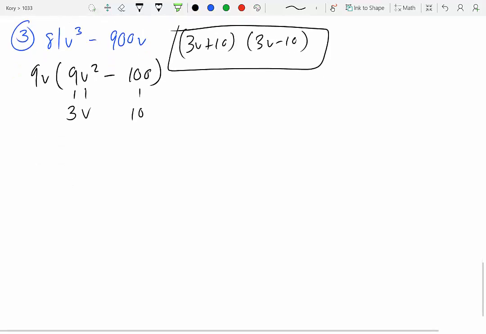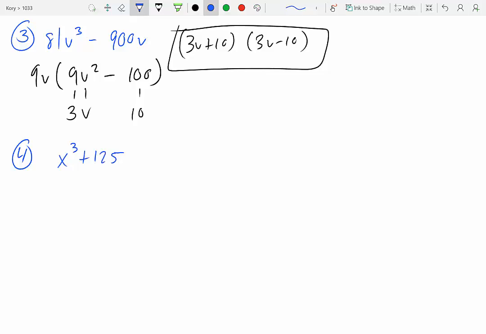Alright, number 4. We have x cubed plus 125. So now we have cube roots, because we're dealing with x cubed, and 125 does have a perfect cube root. So the cube root of x cubed is x, and the cube root of 125 is 5.